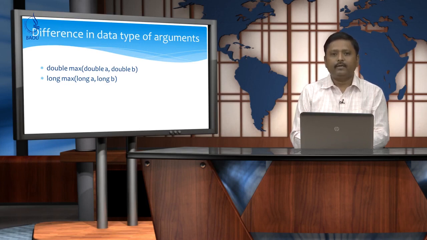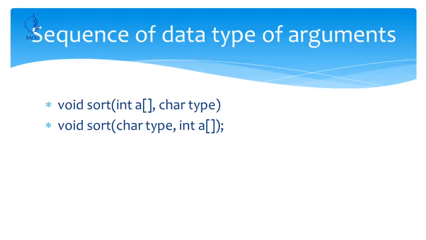Now, we discuss the third case, where the sequence of data types is different. Here, as I mentioned earlier, there is the sort method, which sorts an array of integers provided as an argument, and the second argument specifies whether we want to sort the array in ascending order or descending order.